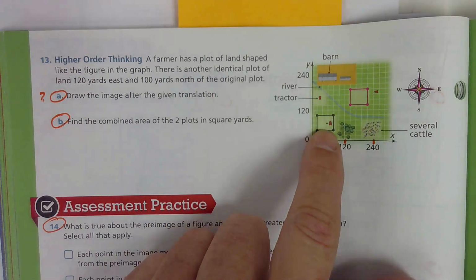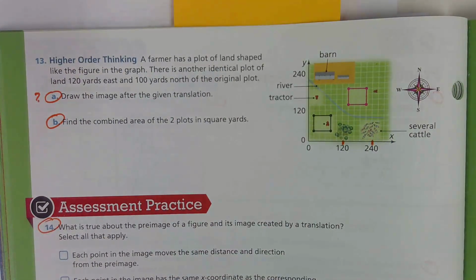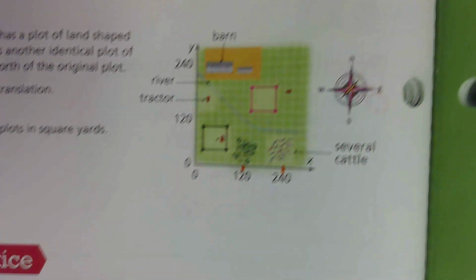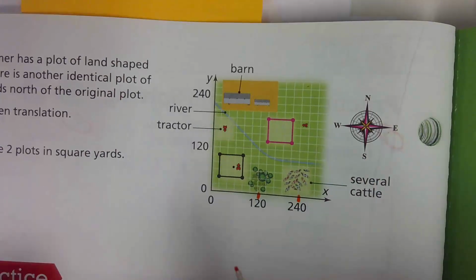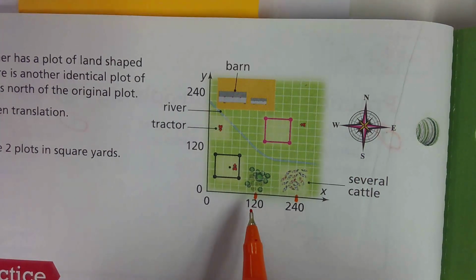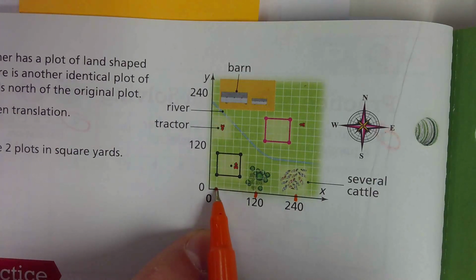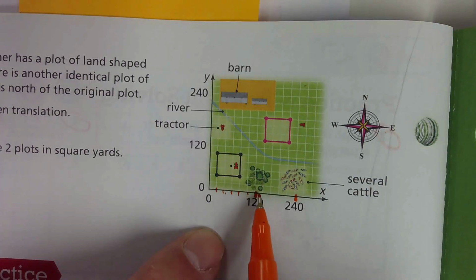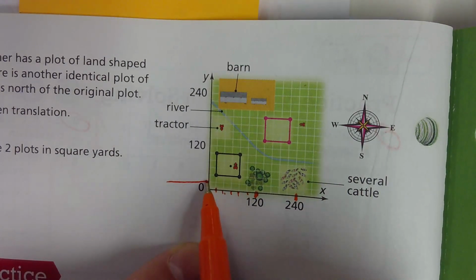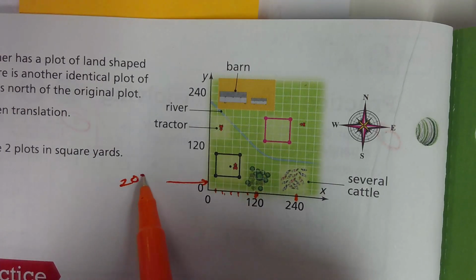I'm thinking this is the original. And if you were to zoom in on this, you would see that each mark is, what are we talking about? Yards. So here's 10, 20, 30, 40. No, it's got to be by 20. 20, 40, 60, 80, 100. There's 120 yards. So each one of these is 20 yards.